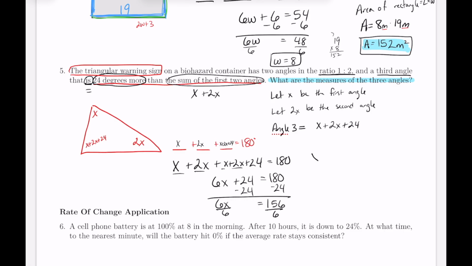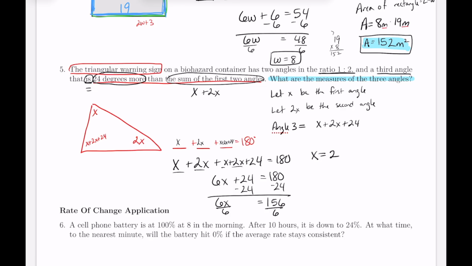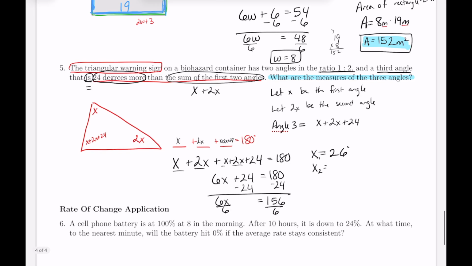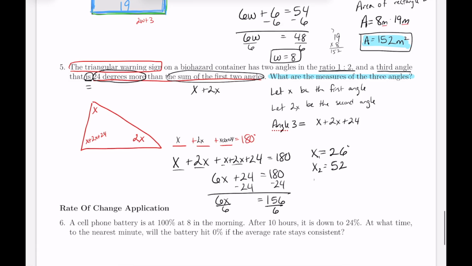And that's how I'm going to get my first angle measure, which is 156 divided by 6. That's going to be 26 degrees. The second angle is going to be 2x, or double that. So 26 times 2 is 52. And then the third angle, I could find it a couple different ways.